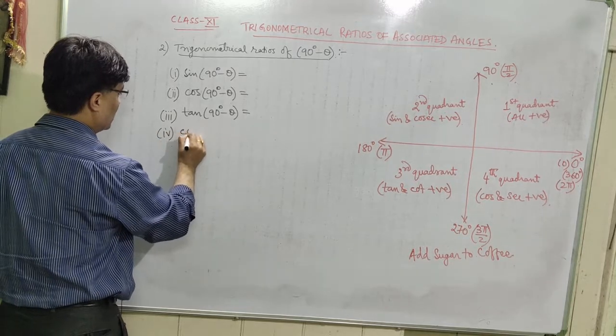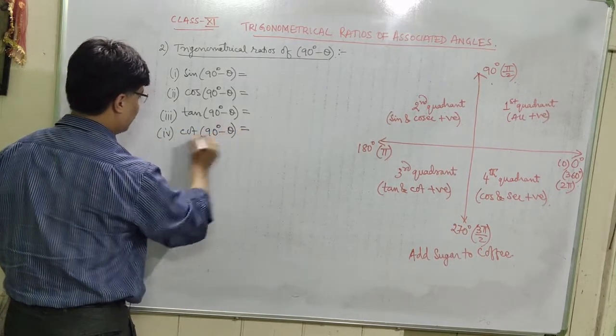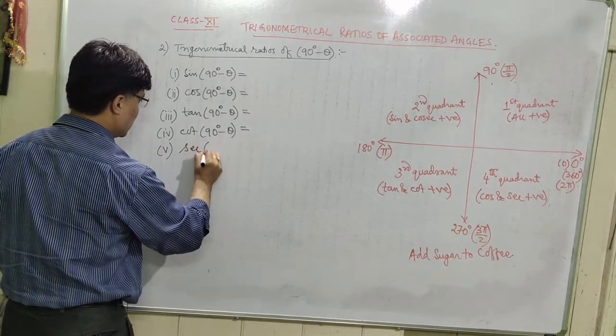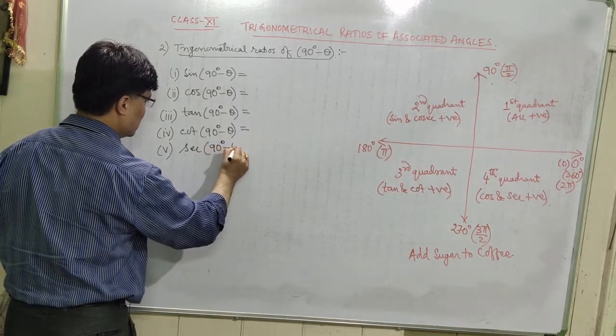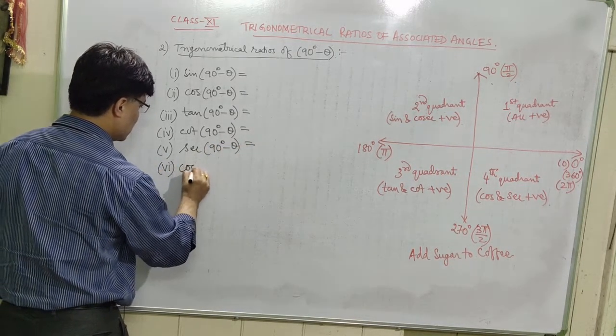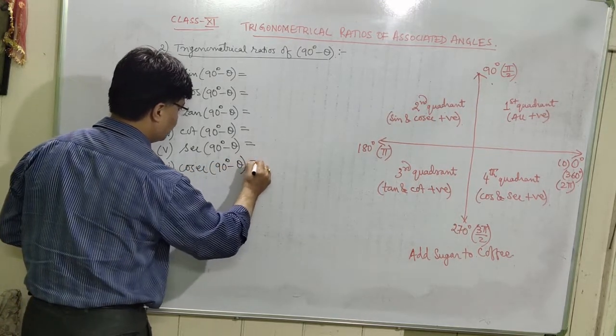Number 4, cot 90 degree minus theta. Number 5, sec 90 degree minus theta. Number 6, cosec 90 degree minus theta.